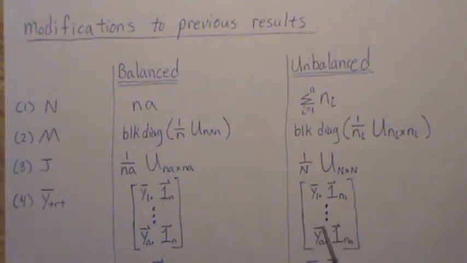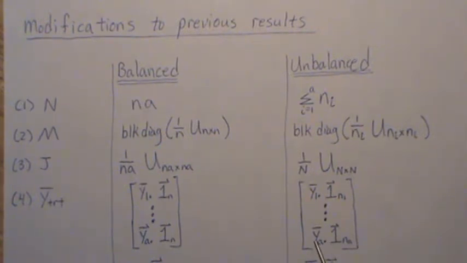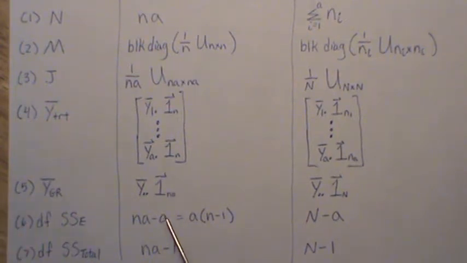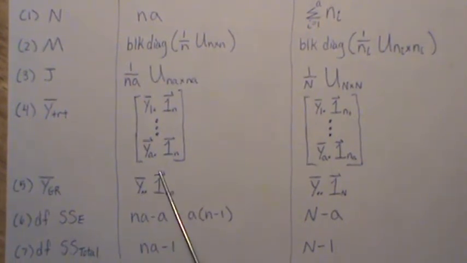The Ath treatment group mean, YA dot bar, is repeated NA times. The grand mean is just the overall mean times a 1 vector. For the unbalanced case, it's still the grand mean times the 1 vector of length N.